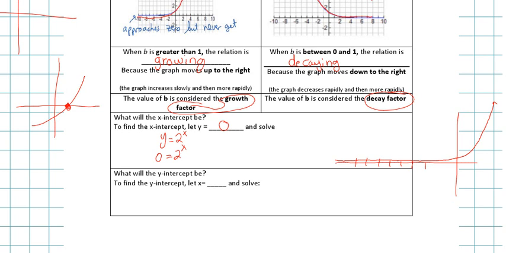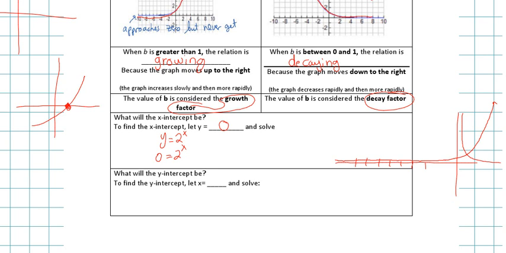Okay? Same with the decaying one. The decaying one is going to be like this, where as x increases, it's going to get close to this. So in the case of exponential, unless I have transformation, which we're not going to talk about in this course, remember transformation from quadratic, where you have horizontal and vertical translation?